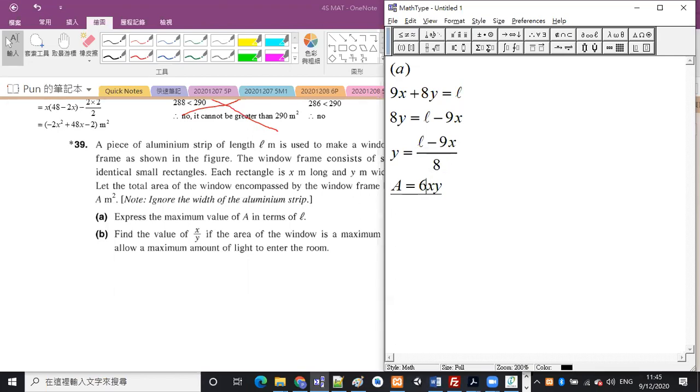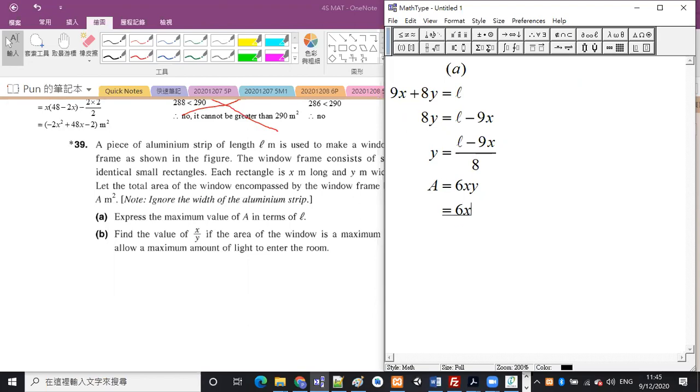Okay? And then I'm going to change the y to be in terms of x and L. So 6x times L minus 9x over 8 is A. Okay? And then you just multiply the 6x to the bracket and then cancelling the 2, common factor 2. So this will be 3x times L minus 9x divided by 4.